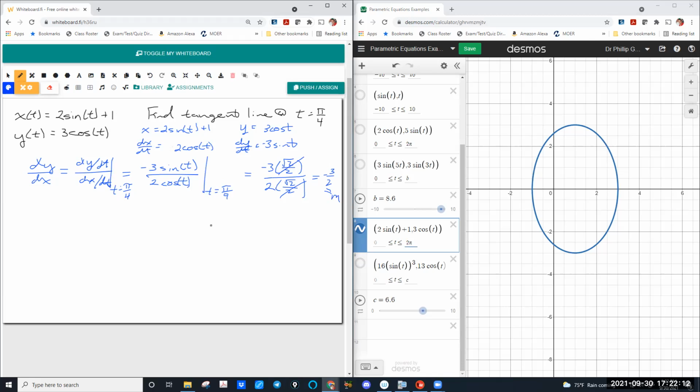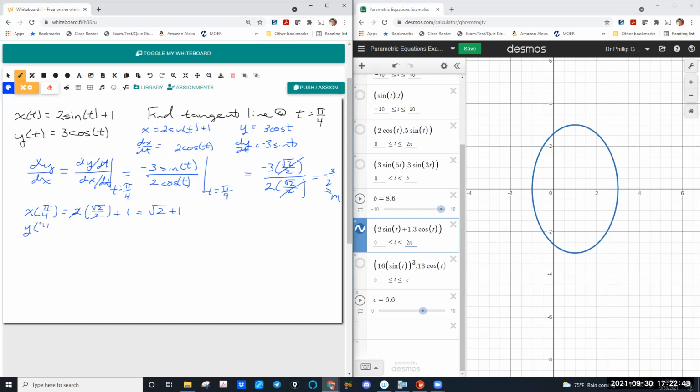Remember, a tangent line needs 2 things, slope and a point that it goes through. Well, where are we going to find the point that it goes through? We're going to plug pi over 4 into our original parametric equations. So x of pi over 4 equals 2 times rad 2 over 2 plus 1. Those will cancel out, and we get rad 2 plus 1.